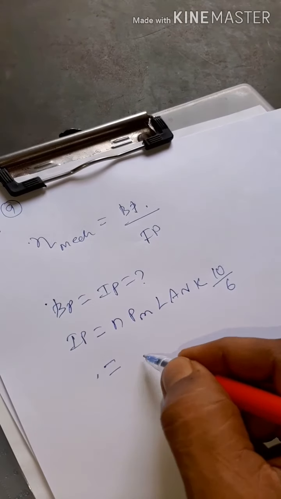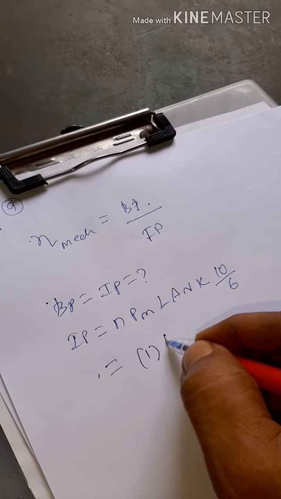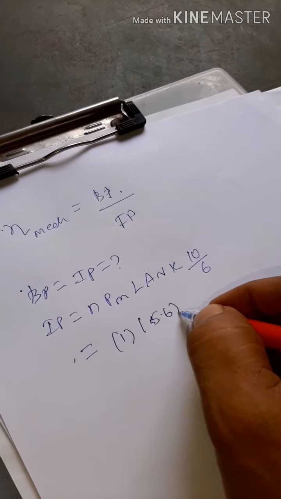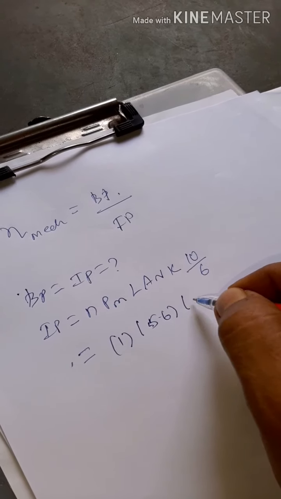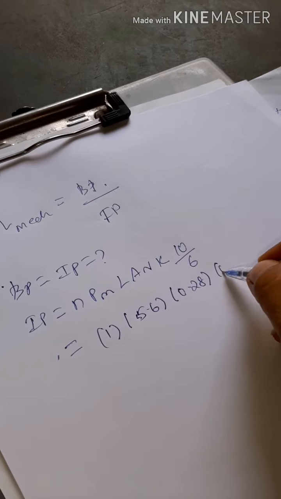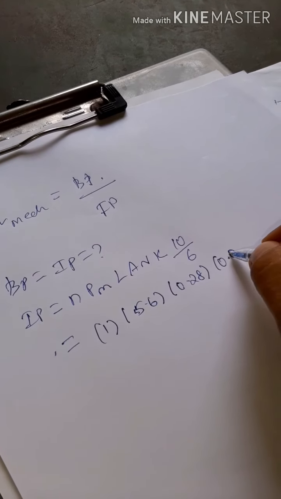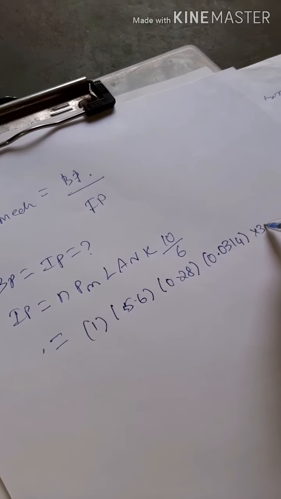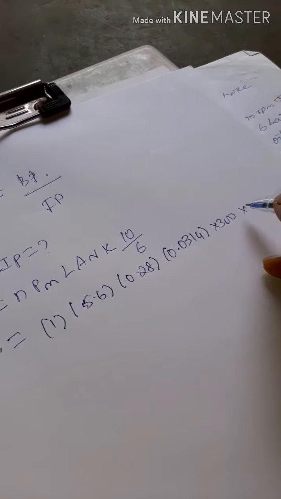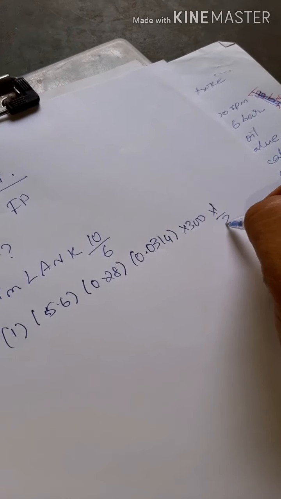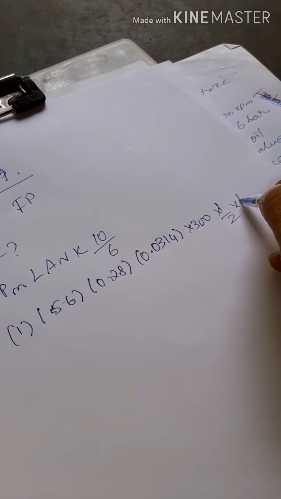So n, small n, is single cylinder, mean effective pressure 5.6, into L, which is 0.28, next A, 0.0314, into 300, multiplied by 1 by 2, the K value, divided by 10 to the power of 6.